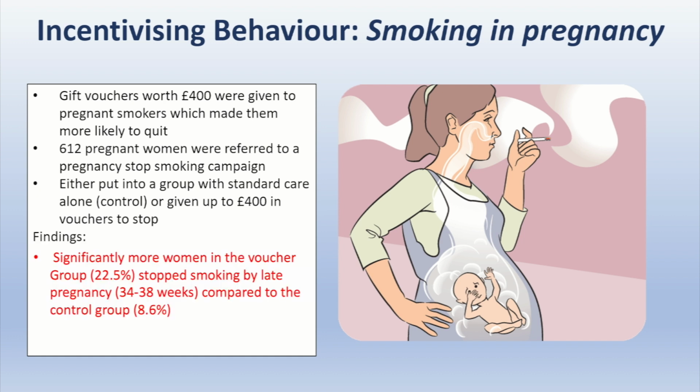The findings were that significantly more women in the voucher group, 22.5%, stopped smoking by late pregnancy, which was 34 to 38 weeks, compared to the control group, who were 8.6%. So that shows there was a much better uptake in the number of people who stopped smoking compared to those who didn't receive any reward. Does that surprise you? And again, do you think this is going to last for a long time, or maybe not?